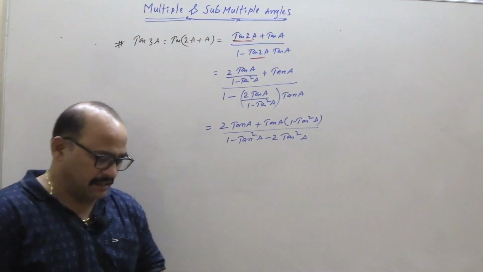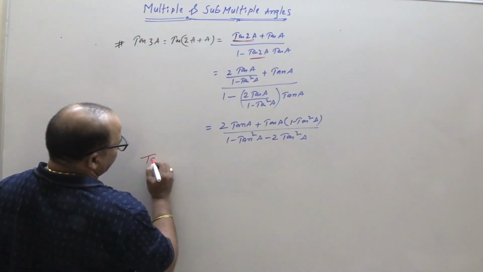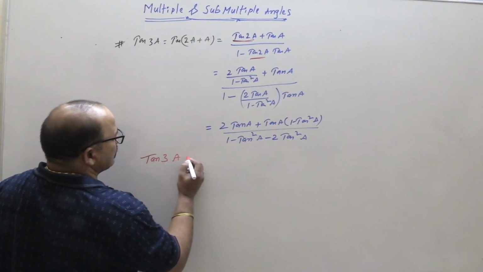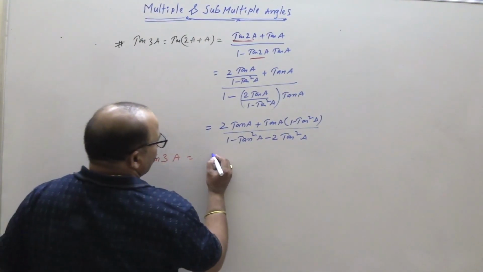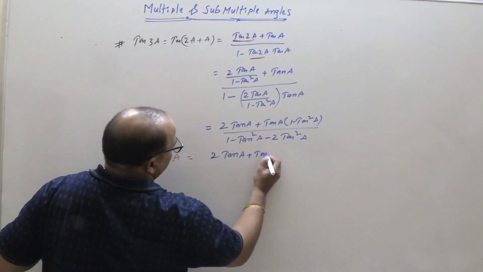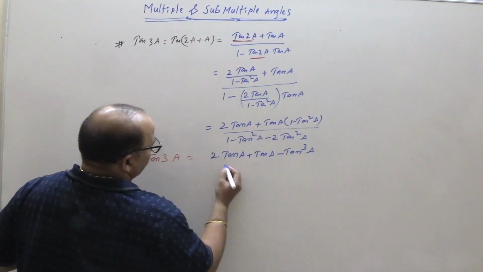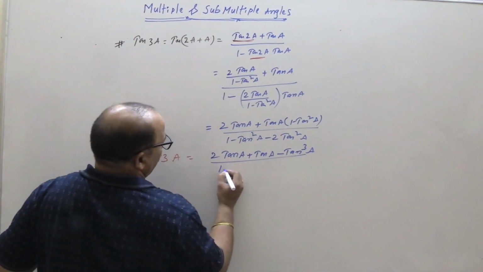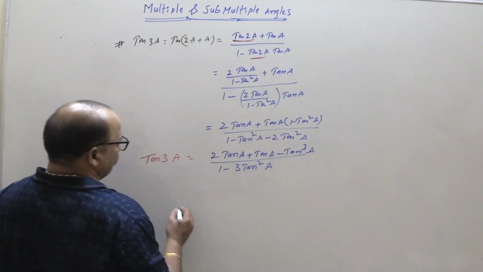Now tan 3a is equal to, multiplying, students: 2 tan a plus tan a minus tan cube a by 1 minus 3 tan square a.